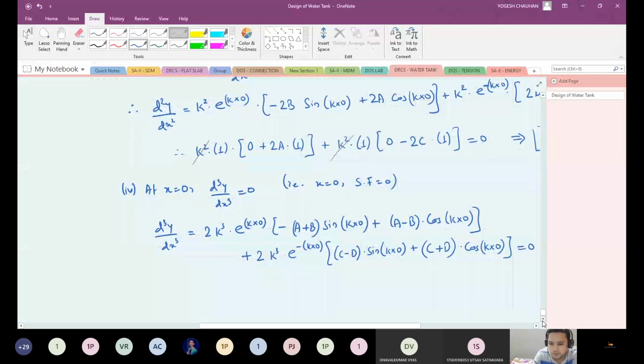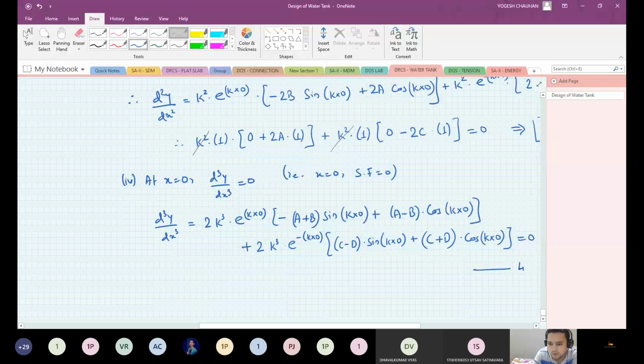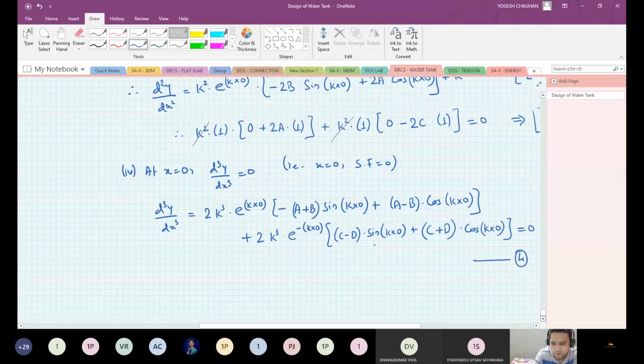So again this is your expression number 4. Okay, and when you solve this, you will get some another expression.